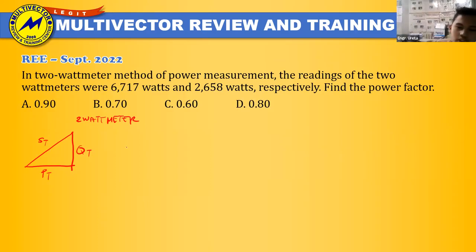So tangent theta is equal to the square root of 3, QT all over PT.